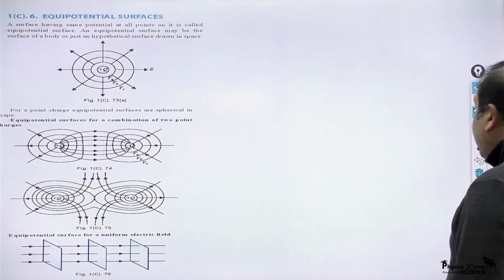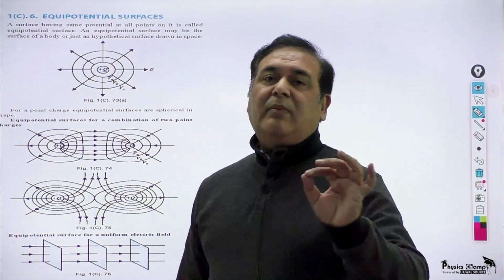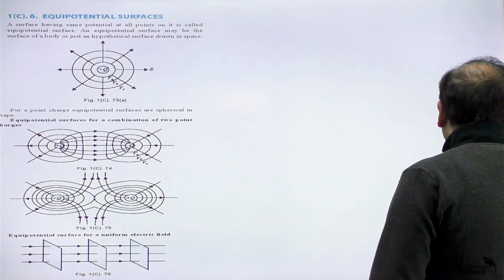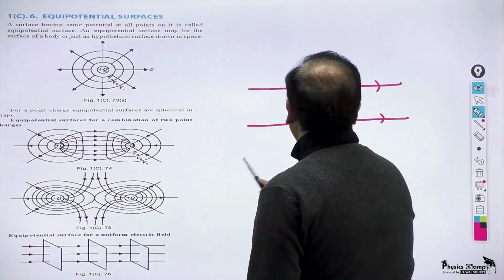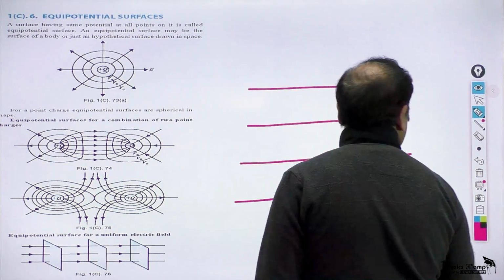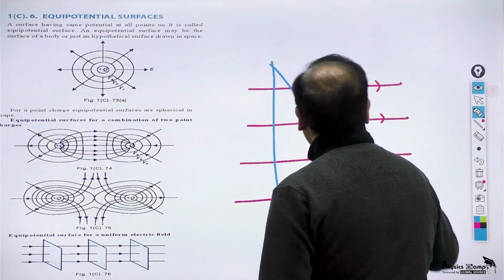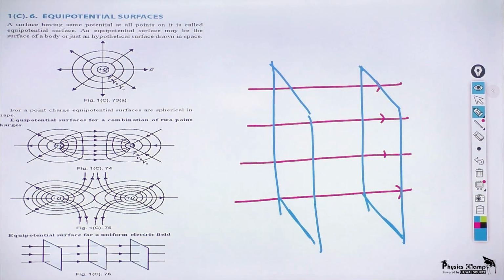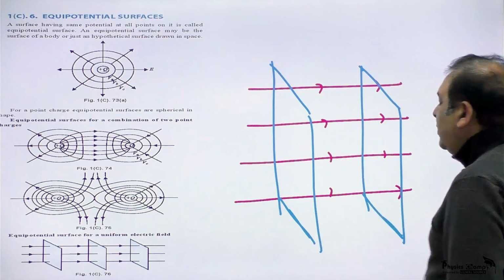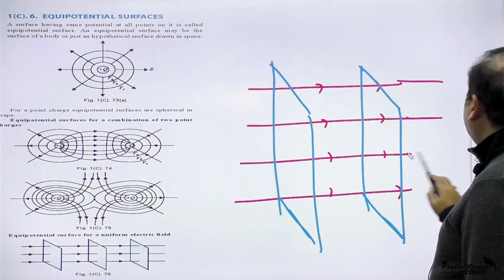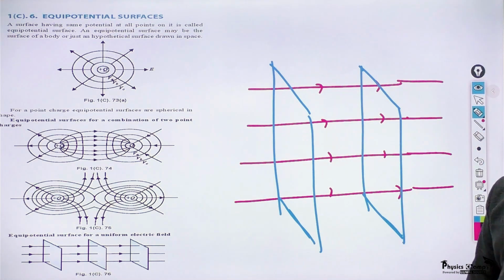And we have understood, this is very clear, electric lines of force are normal to the equipotential surface. Thus if I give you the case where you have electric lines of force which are parallel lines, a uniform electric field, how would the equipotential surface be? It should be like this. In case of a uniform electric field, the equipotential surfaces are plane surfaces of this kind.